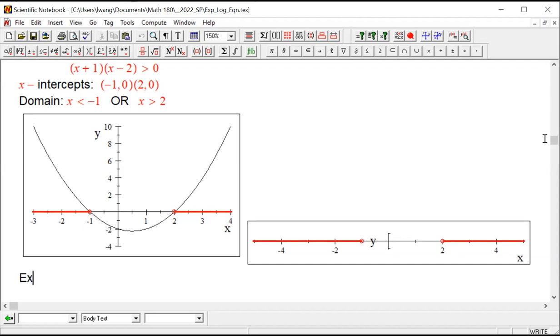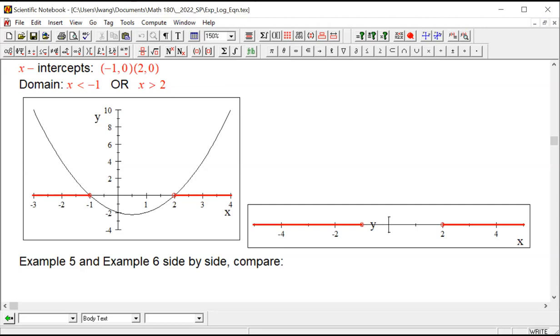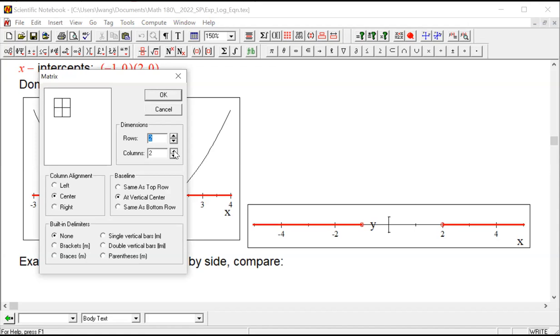Example number 5 and example number 6 side by side. Compare. I'm going to put these things together for your examination.